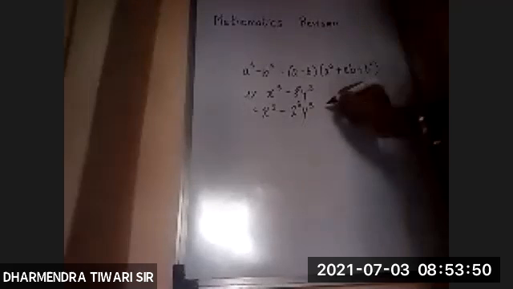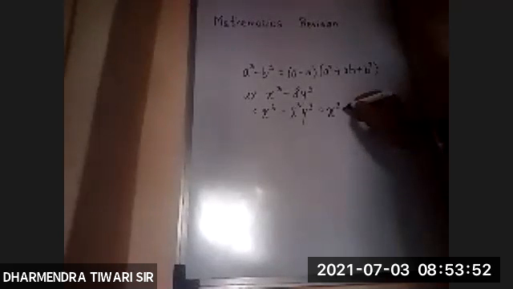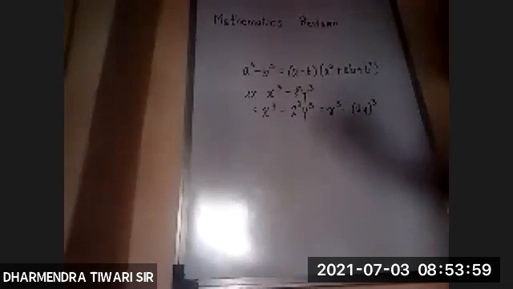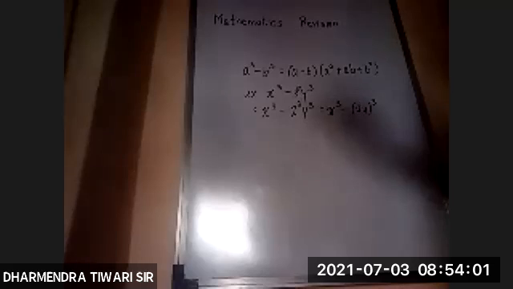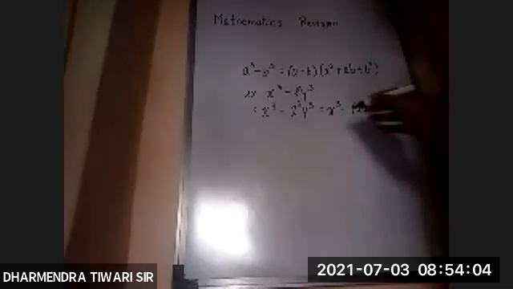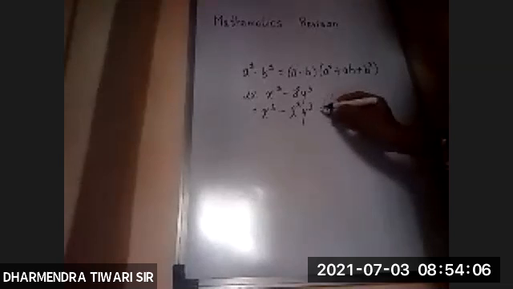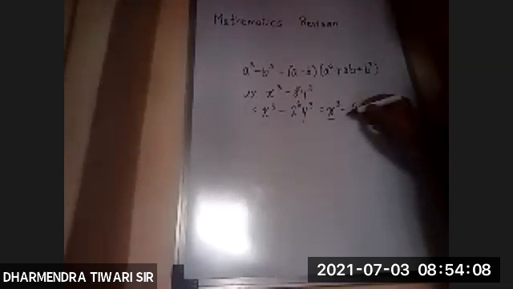So we can write this as x cube minus 2y the whole cube. Now we can see this has the form a cube minus b cube.